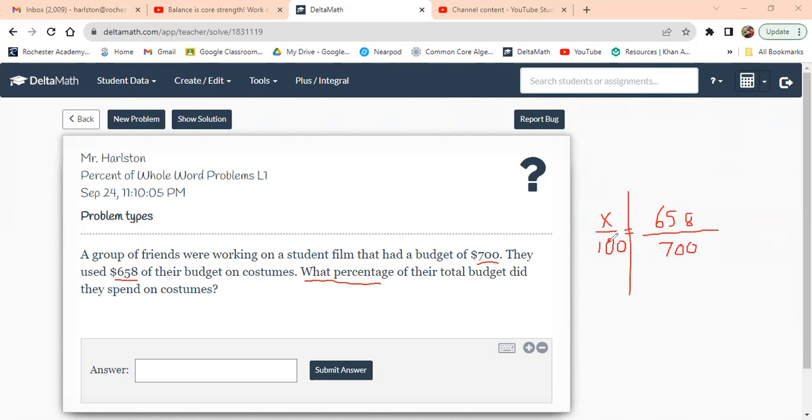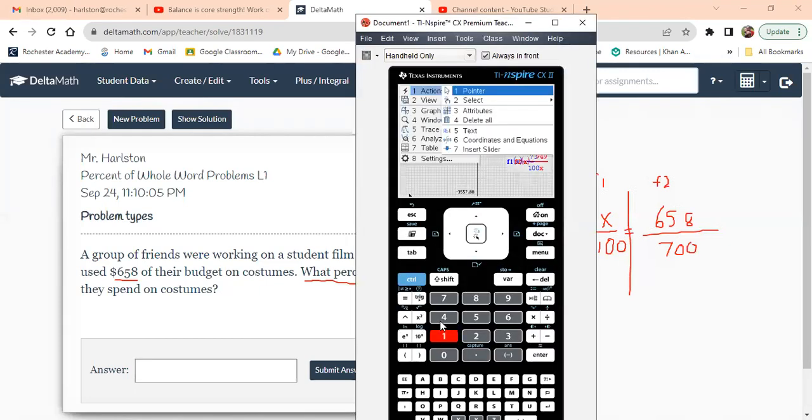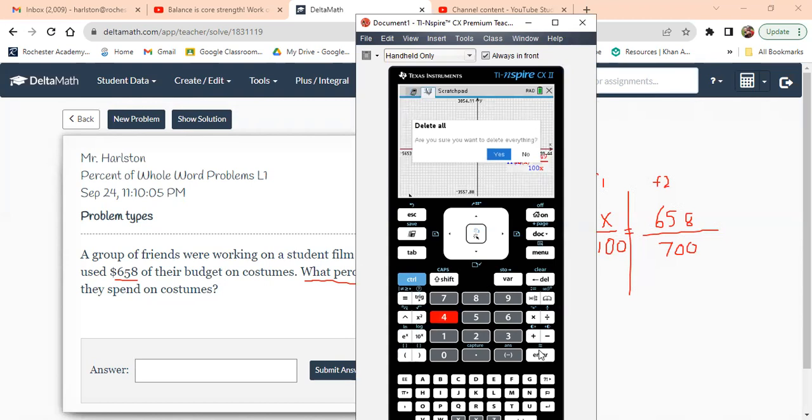So again, we can do F1, F2, and find where they intersect. So let's go to grab the calculator. Go here. I'm going to do menu 14. Then we press tab. We're going to have control divide X over 100. Press enter.